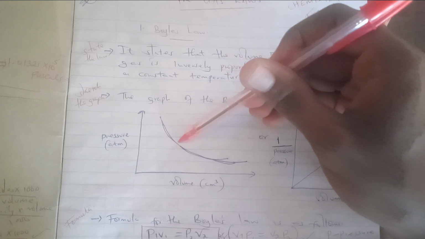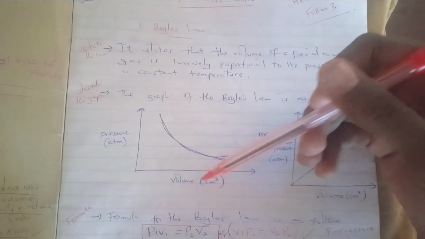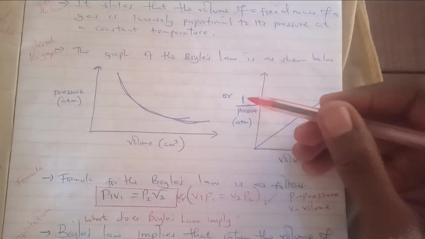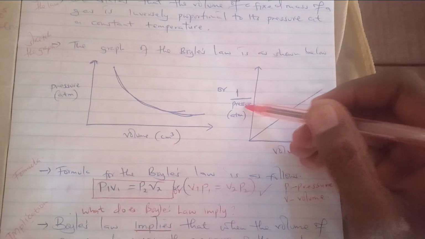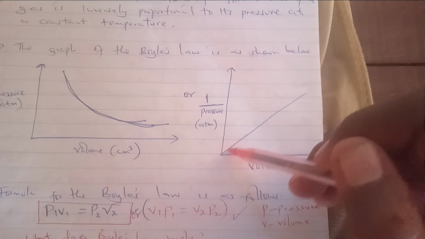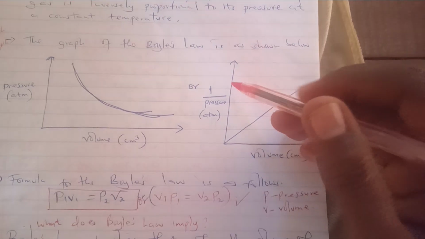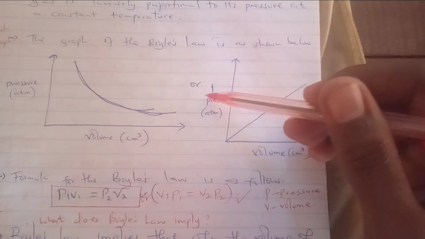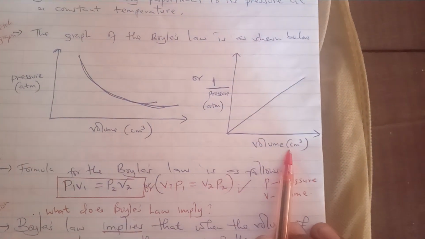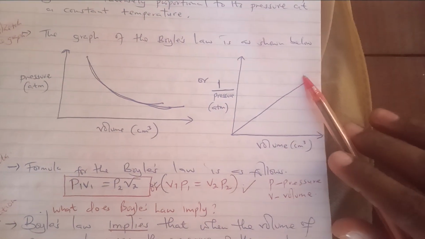The graph looks like this when you plot volume against pressure. When you plot 1 over the pressure against the volume, the graph becomes straight. This is how the graph looks like.